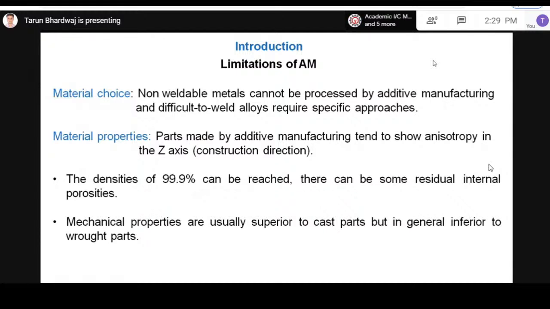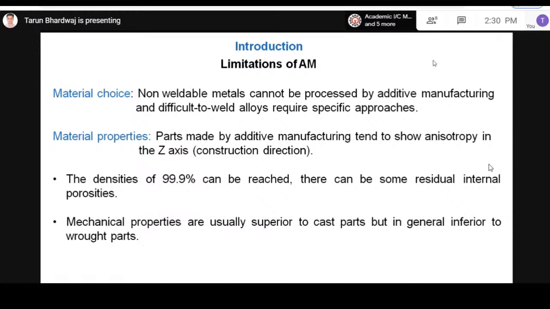And if we're just talking about the material properties, that what property we are getting from the additive manufacturing process. So the parts made by the additive manufacturing process tend to show anisotropy. The reason of anisotropy is the solidification rate, because they are having the very high temperature, and after melting to any product, they will just cool down to room temperature.